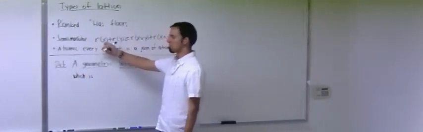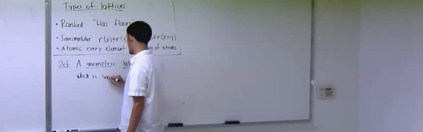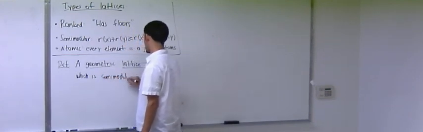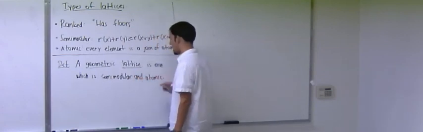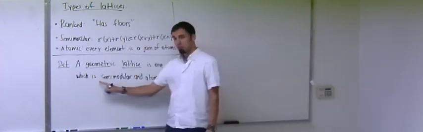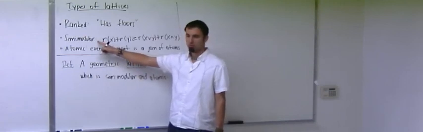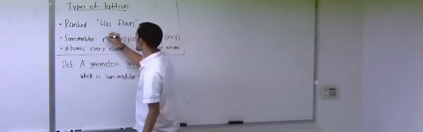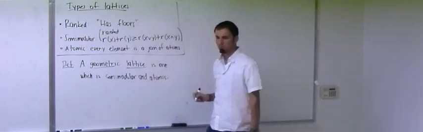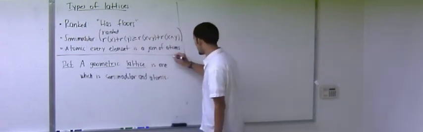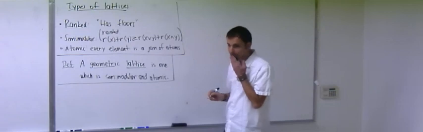It's ranked, it's semi-modular, and atomic. I'll point out to you that I don't write ranked here because a semi-modular lattice has to be ranked. Semi-modular is a lattice that is ranked, and the rank function satisfies this inequality. So therefore, this is the definition of a geometric lattice, one which is semi-modular and atomic.